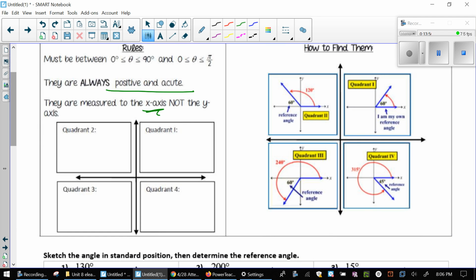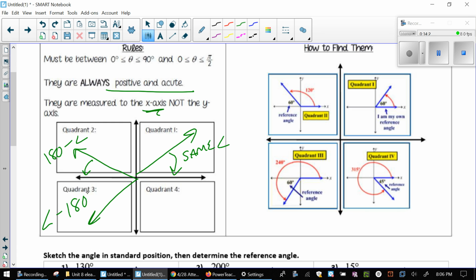As you think about it, if we're in quadrant 1, the reference angle is here, it's the same angle. If we're in quadrant 2, the reference angle is here, which means we're going to take 180 and subtract the angle. If we're in quadrant 3, the reference angle is here. So it means we're going to take the angle now and subtract 180.